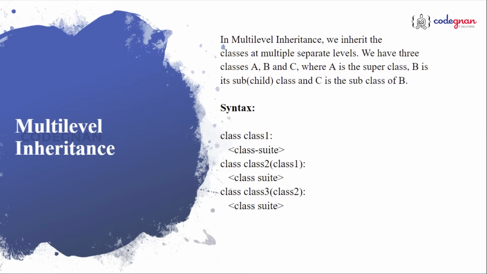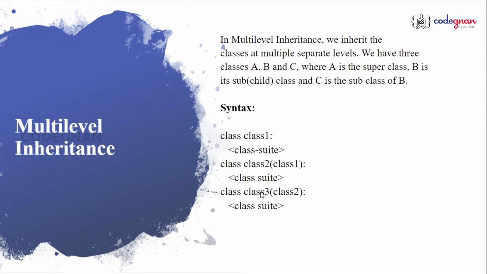Now let's go for the third and final type of inheritance, which is multi-level inheritance, which means we can access the features of the base class and derived class in a new derived class. Here we are taking an example of class 1, 2, 3. Class 2 is the child class of class 1, which is the parent class.